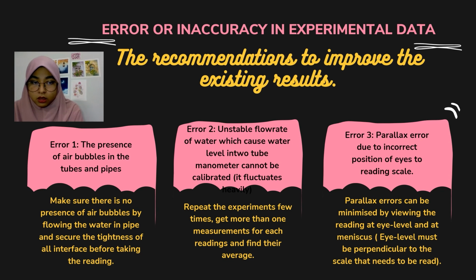The third error is the parallax error due to incorrect position of the eyes when reading the scale. For the recommendation for the first error, we need to make sure there are no air bubbles by flowing water in the pipe and securing the tightness of all interfaces before taking the reading. For the second error, repeat the experiment a few times, take more than one measurement for each reading and find the average to get an accurate value.